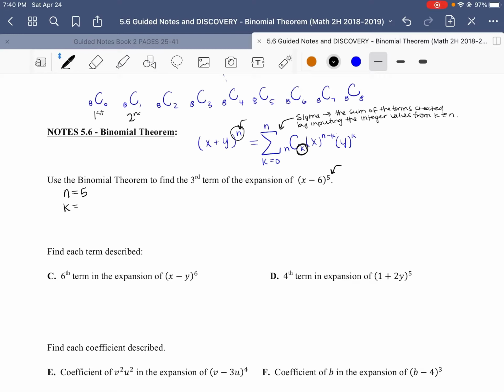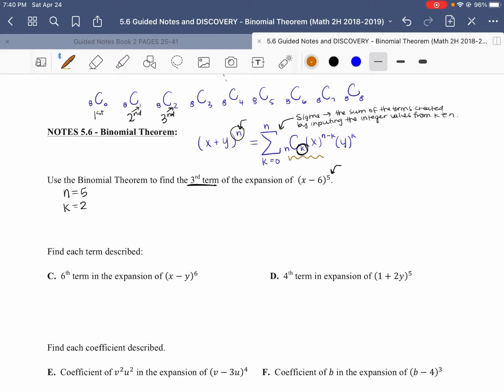K is equal to 1 in the second term of your expansion. K is equal to 2 in the third term of your expansion. So k is always 1 less than the term you're trying to find. So in this case, we want to find the third term, so k is going to be equal to 2. Okay, so it's always 1 less than the one you're trying to find.